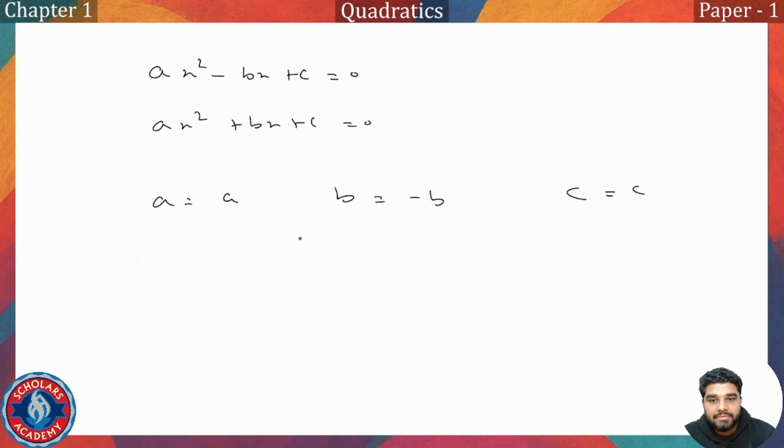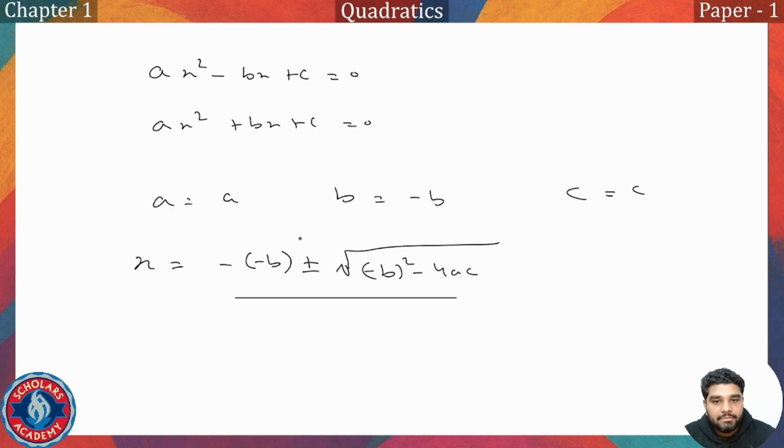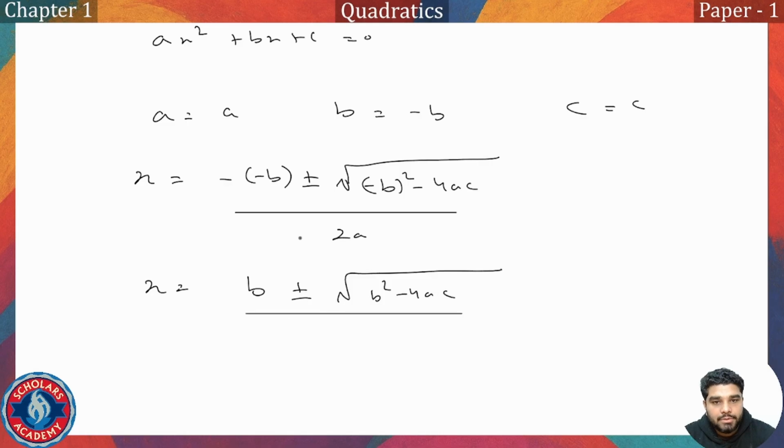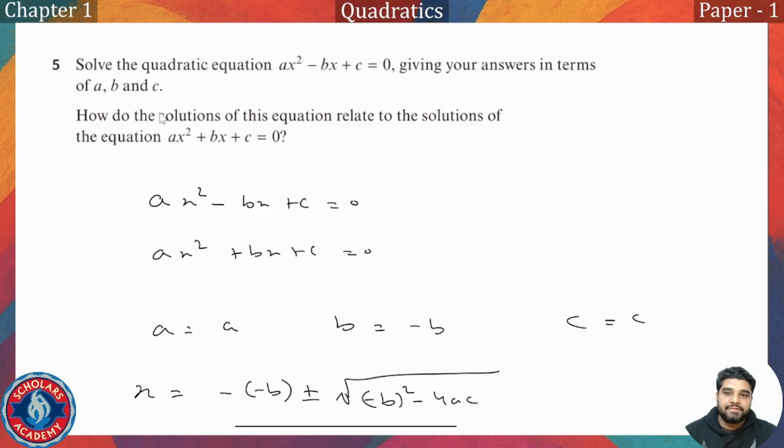So the formula becomes x is equal to minus of negative b plus minus root of negative b square minus 4ac, divided by 2a. So now we get x is equal to b plus minus root of b square minus 4ac over 2a. So this is the answer for this given equation.